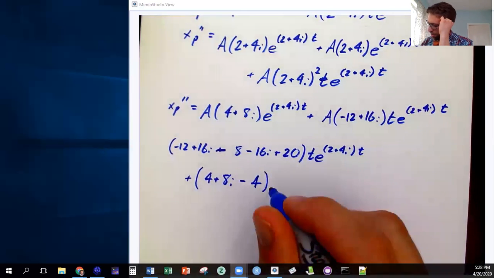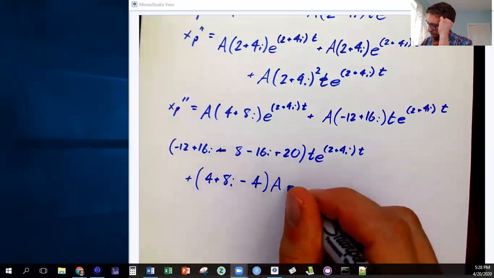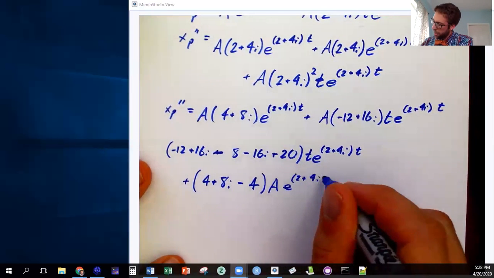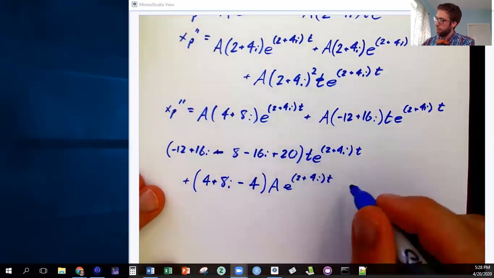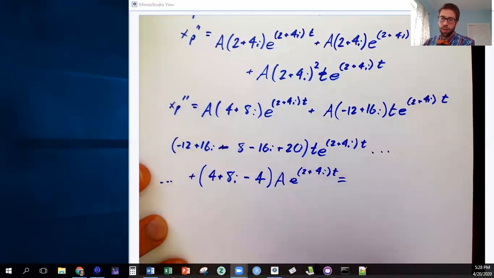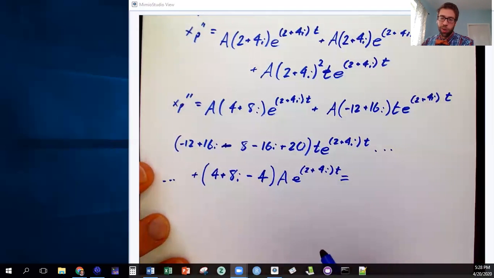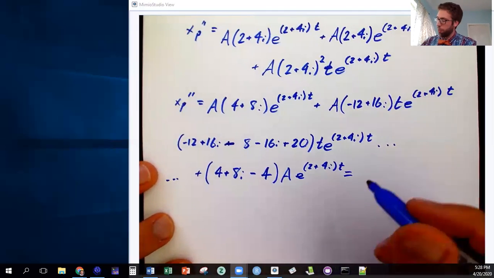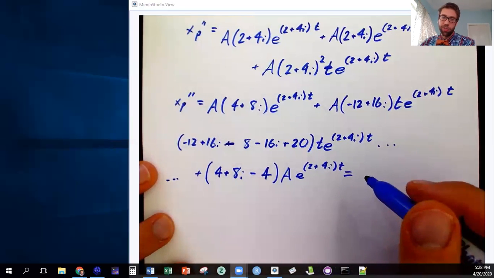So times a times e to the (2 plus 4i)t equals, so this is because I'm low on room here. Again, I maybe should have turned the paper sideways here, but that still wouldn't fit as well in the camera.